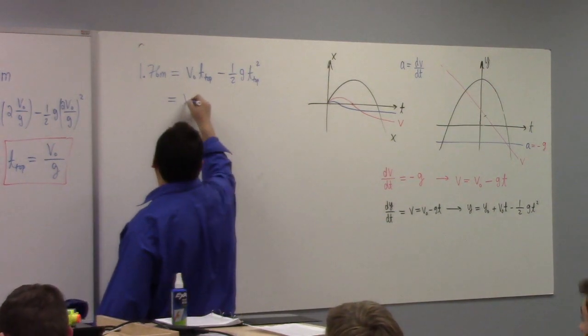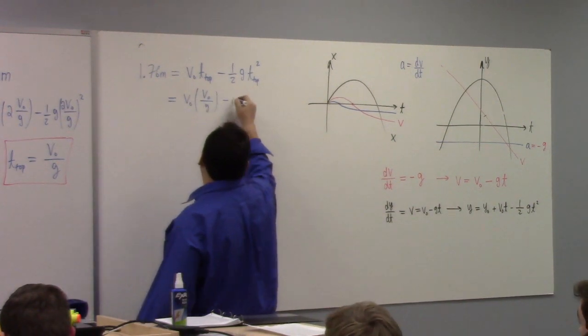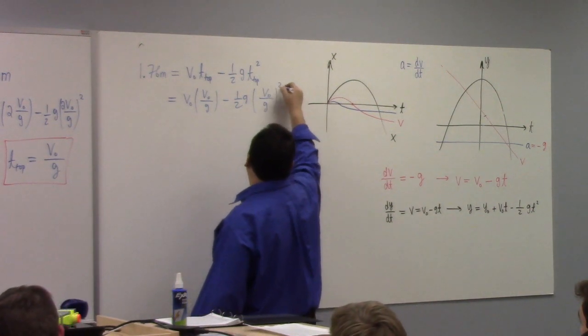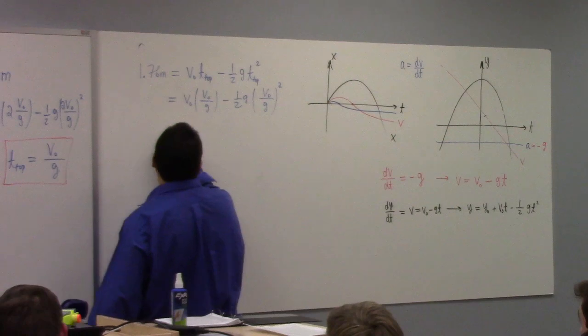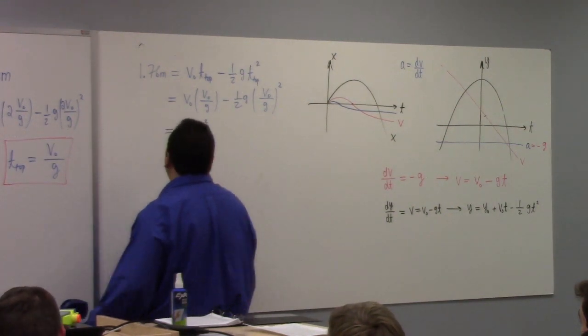Which is what? This is v naught times v naught over g minus 1/2 g times v naught over g squared, which is what? That's just v naught squared over 2g.